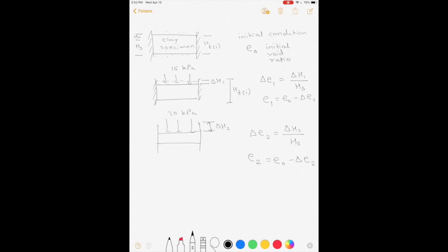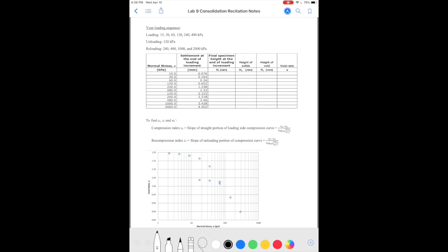So we do that for all load increments, and we get a relationship between sigma, which is the applied stress, and void ratio. So this is applied stress versus void ratio. We have a loading sequence of 15, 30, 60, 120, 240 and 480 kPa.